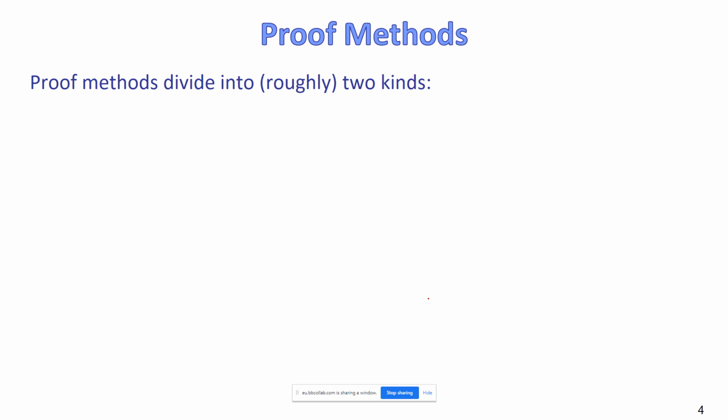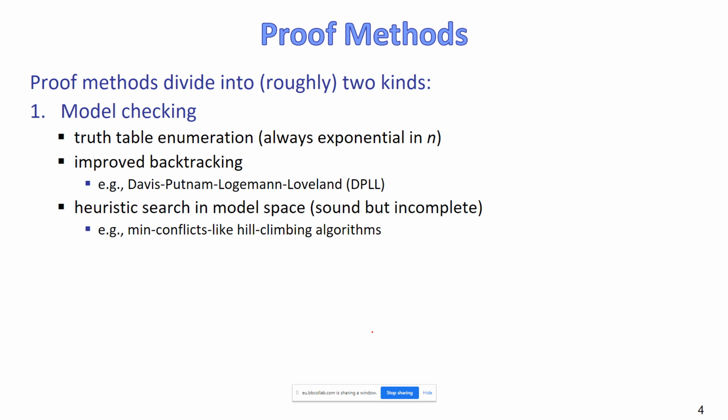Now let's talk about how we do inference in general. We earlier said that we have two ways. One of them we already covered, which is model checking. That's what we do when we do the truth table enumeration that we did earlier in this lecture. As we said, this is exponential, and whenever something is exponential, that means it's very expensive, so we should look for more efficient ways.